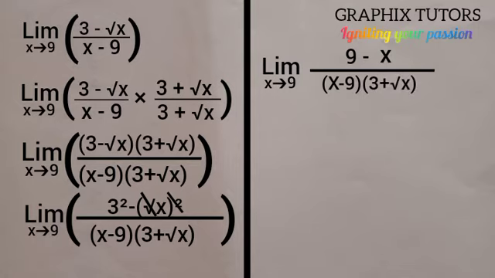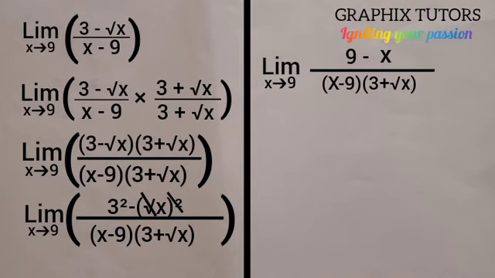Now, if you notice, the numerator here is 9 minus x, and the denominator has x minus 9. They cannot cancel each other because they are not the same. So what will you do? You have to manipulate the numerator, that is the 9 minus x, so that it conforms with what you have in the denominator, which is x minus 9.